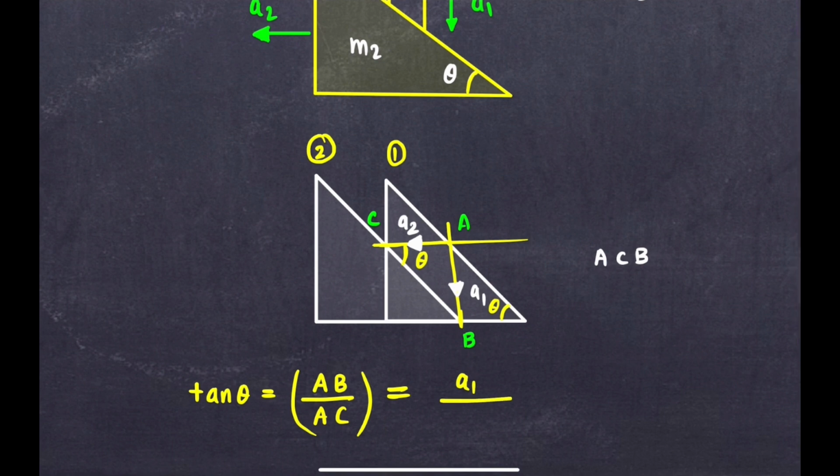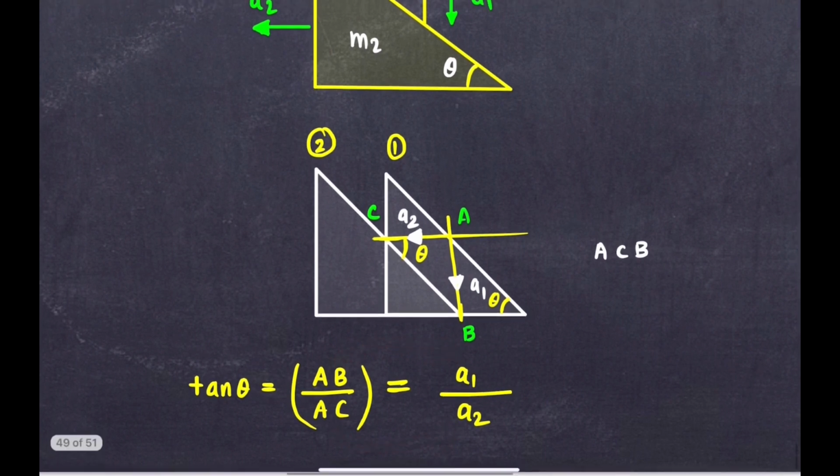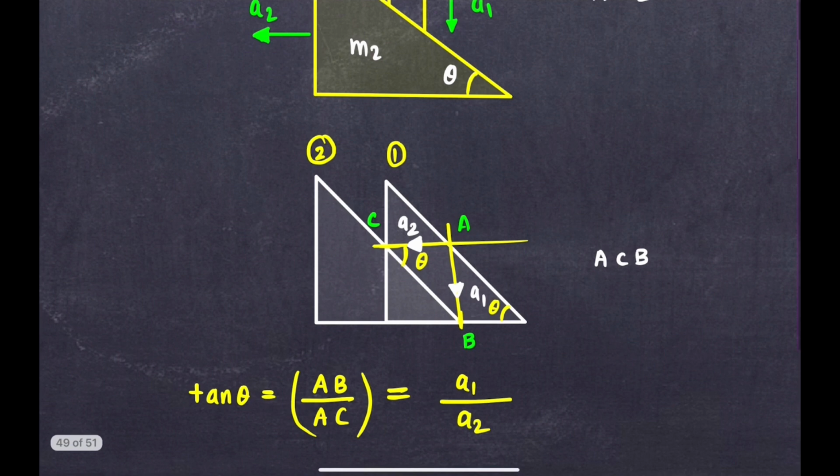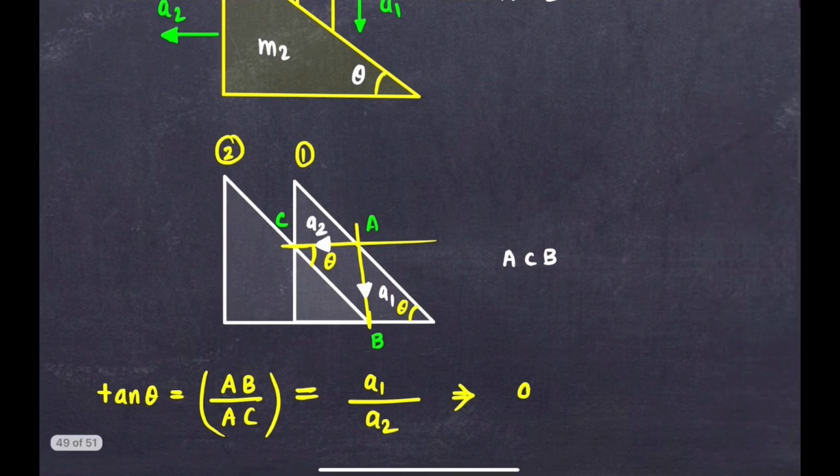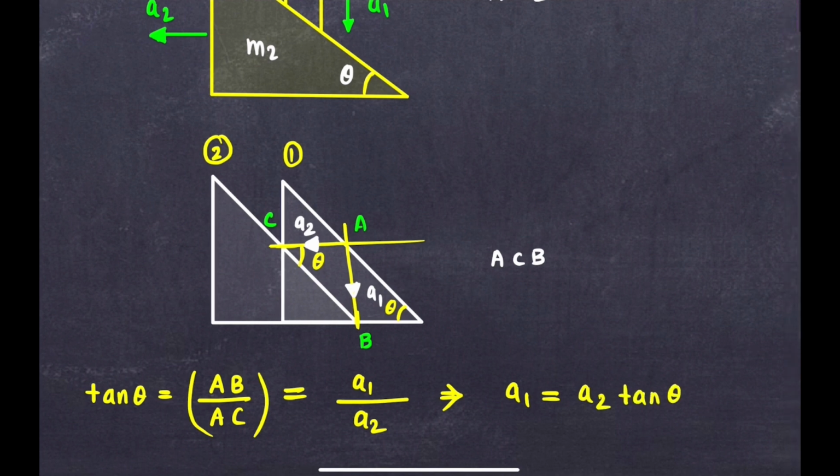For the side AC we have plotted a2, so for the side AC we'll write a2. We are substituting that, so from here we get that the relationship between the accelerations will be a1 equal to a2 tan theta. Using this trick and a little geometry, we can easily find the relationship between the various accelerations.